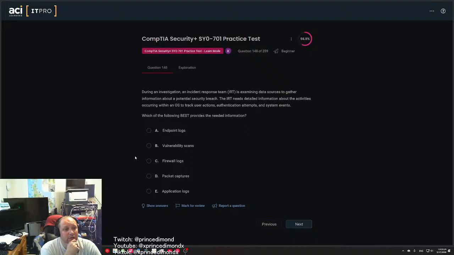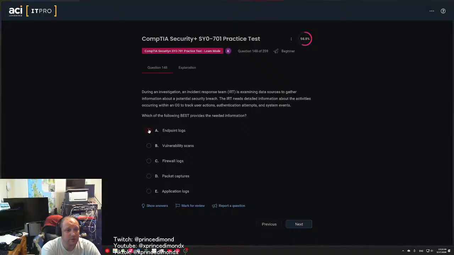During the investigation, an incident response team is examining data sources to gather information about a potential security breach. The team needs detailed information about the activities occurring within an OS to track user actions, authentication attempts, and system events. Which data source is going to give them that? So, you're going to want endpoint logs.